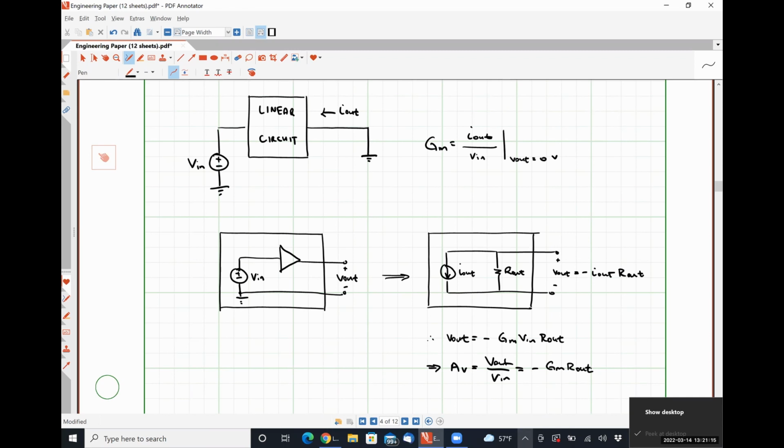Our output voltage was usually related to our output resistance multiplied by some factor over and over and over again.